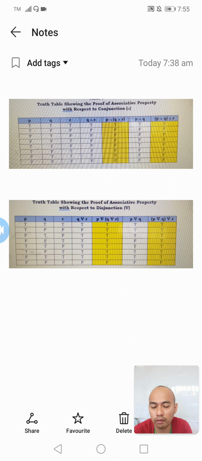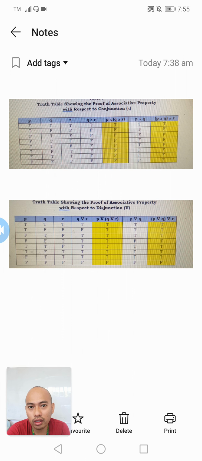As you can see, both Q and R are true, so that's why the first row, our first truth value of Q or R, is true. In the second one, both are false. So we have not shown any true here, therefore our statement under this compound statement is false.